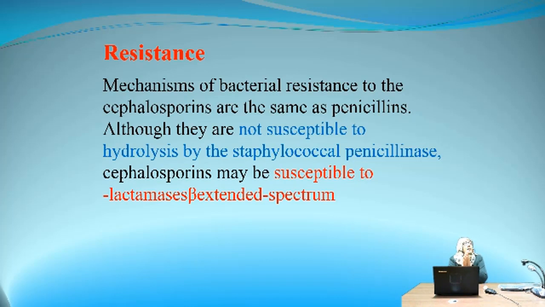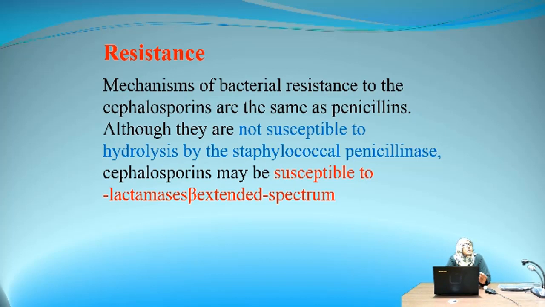Here we are talking about resistance to cephalosporins. Mechanisms of bacterial resistance to the cephalosporins are the same as penicillins, although they are not susceptible to hydrolysis by the staphylococcal penicillinase.